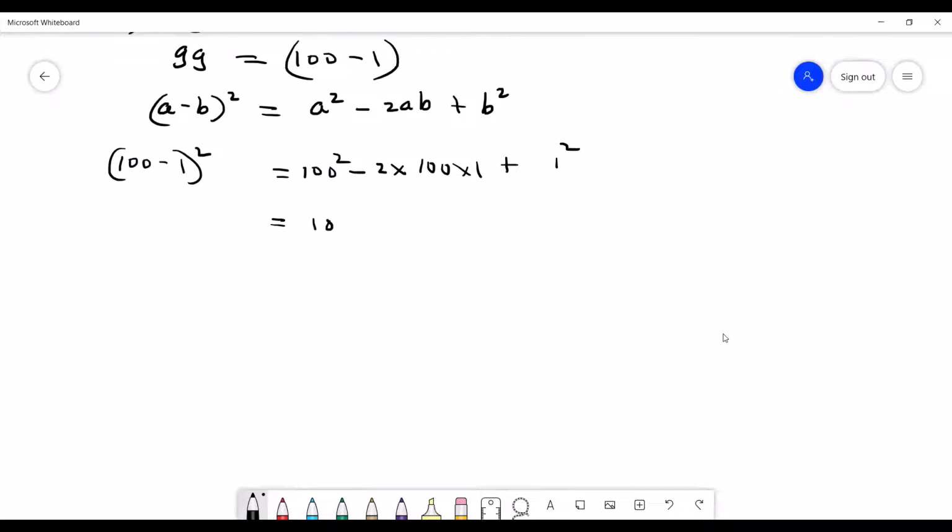So here we will get 10000 minus 200 plus 1. So this will become 9801. See, so easily we can have the answer here.